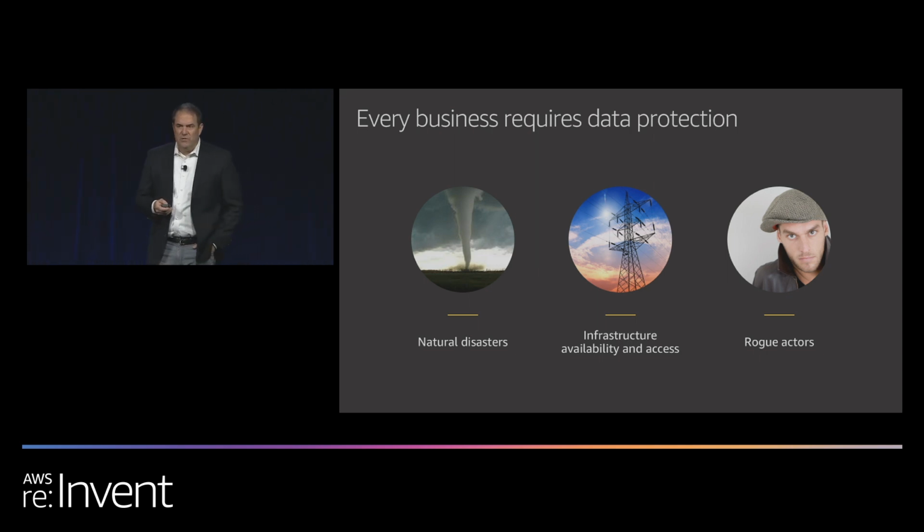So these disruptions can come from a number of different sources. Of course, natural disasters is one of them. I happen to live in California. It's a not-so-natural disaster. If you've been watching the news over the past couple of years, there's been lots and lots of wildfires in California.